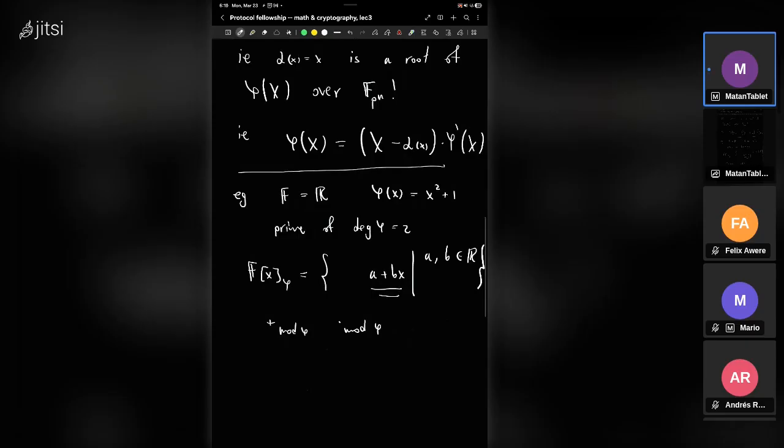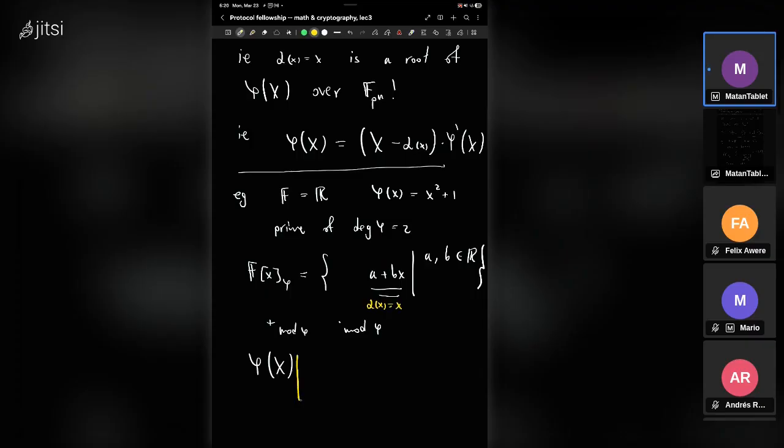Now I consider the polynomial phi with the big variable, and now I substitute the polynomial alpha x equals x.